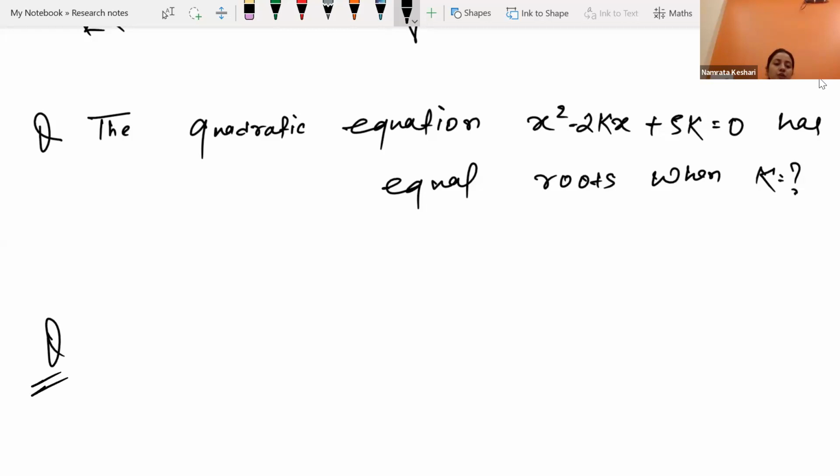And do this one also, one more question which is based on nature of roots.